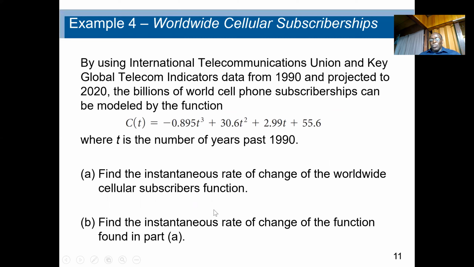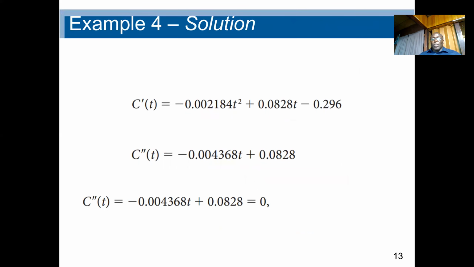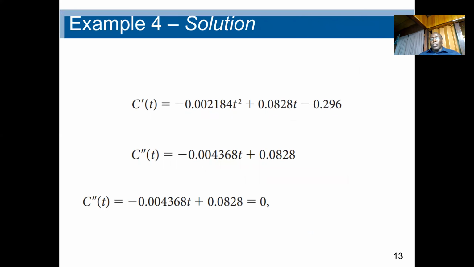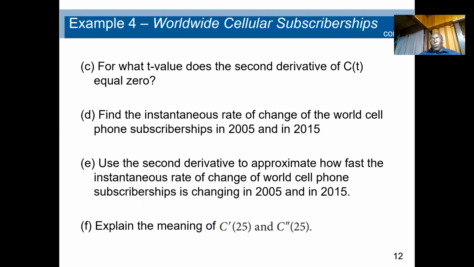Then find the instantaneous rate of change of the function found in part A. Now for what t value, so here we can see that when we get our second derivative, then we equate it to 0, because the question said, for what t value does the second derivative of c at t equal 0?